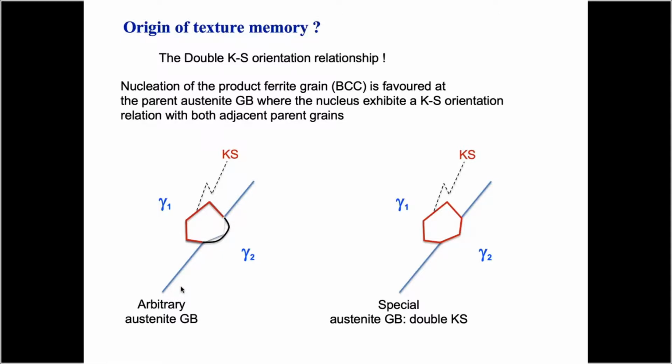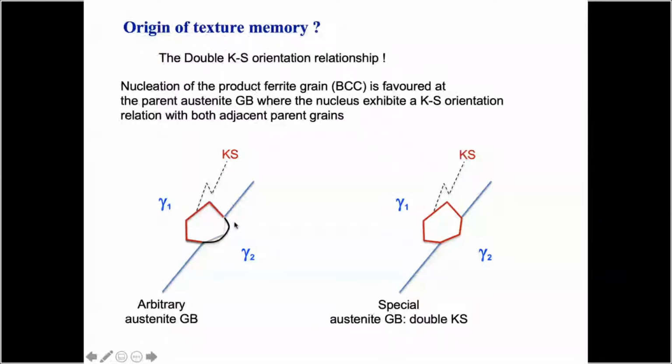nucleation site. There are good thermodynamical reasons for that. So actually, if you have two austenite grains and you have a ferrite grain forming here, in the most general case, the new ferrite grain will have a KS orientation relation not with both grains, but only with one grain, with one neighbor.